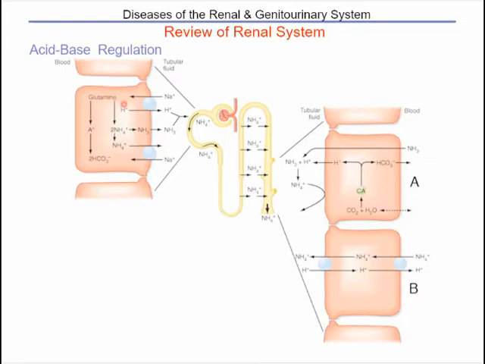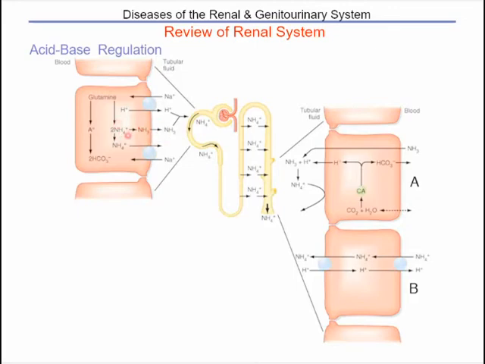For each molecule of glutamine metabolized, it produces two bicarbonate and two ammonium ions. The bicarbonate is returned to the blood as newly generated bicarbonate, so it replenishes the stores of bicarbonate in the body that are used to buffer acid production. And then the ammonium ion is secreted into the tubular fluid.